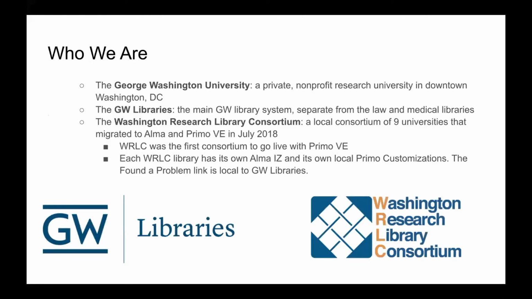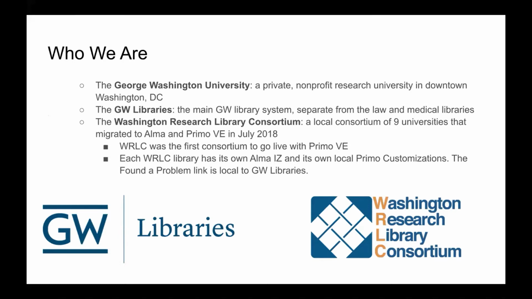First, some background on who we are. The George Washington University is a medium-sized research university located in downtown Washington, D.C. The GW libraries, where I work, consists of the main library and two satellite libraries. The law and medical libraries are separate.